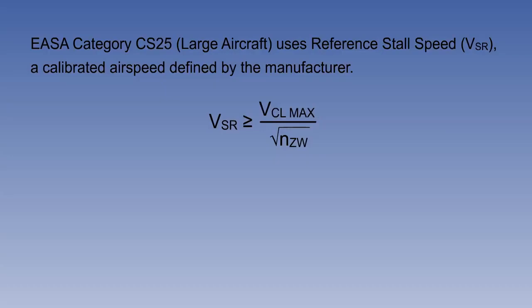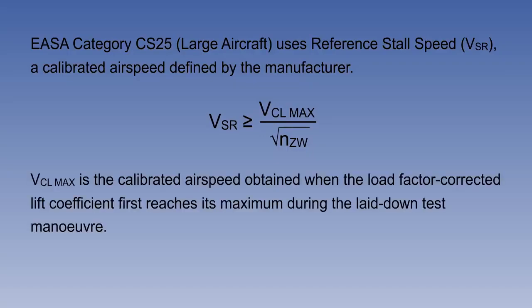VSR is a calibrated airspeed defined by the manufacturer and may not be less than a 1G stall speed. It is expressed in formula form as being equal or greater than VCL max over the square root of NZW, where VCL max is the calibrated airspeed obtained when the load factor-corrected lift coefficient first reaches its maximum during the lay-down test manoeuvre.